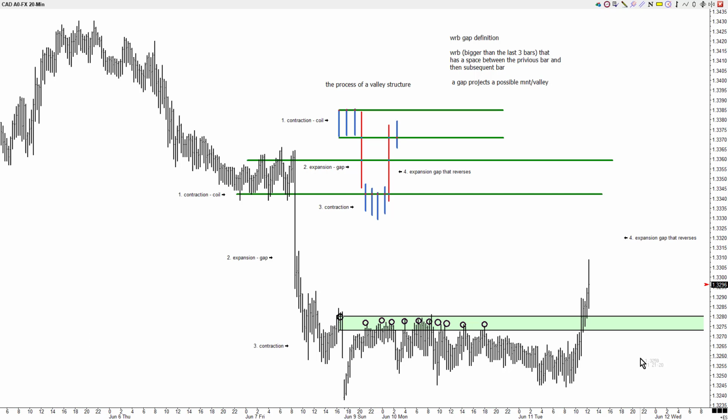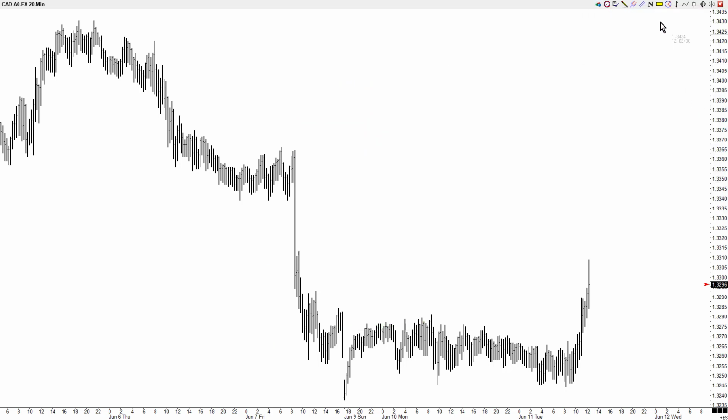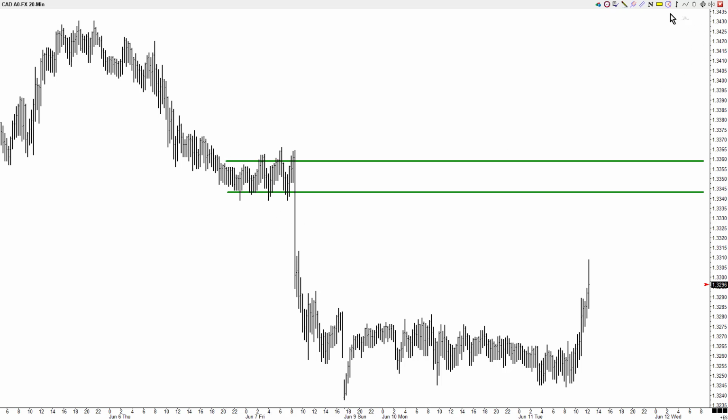Possible, not for sure. You don't know until you know. But think about your own general trade plan you can create just from this simple possible valley structure and this simple line of sellers.